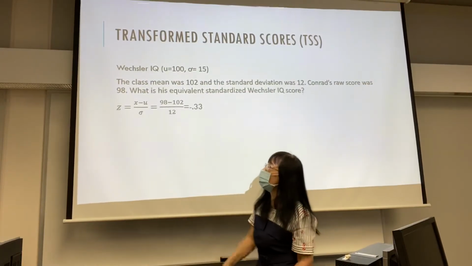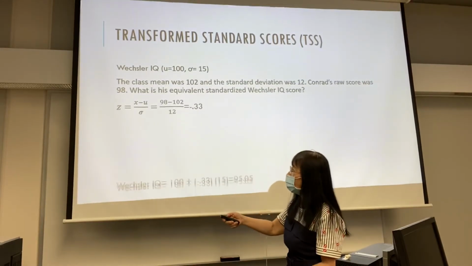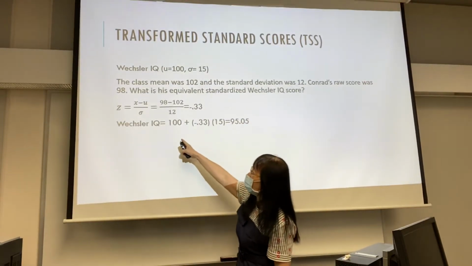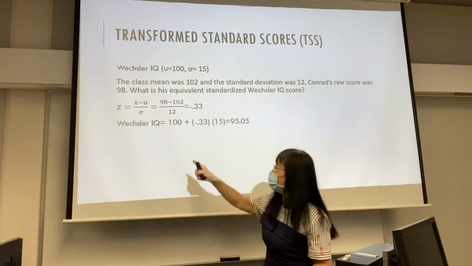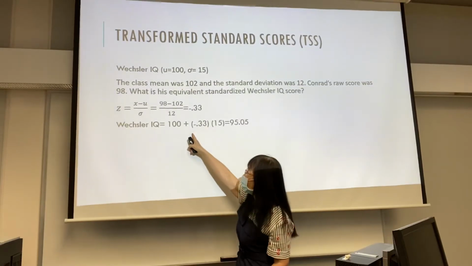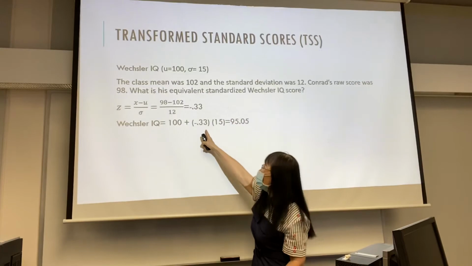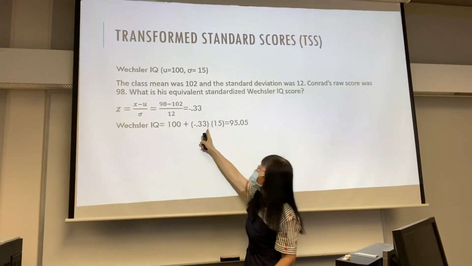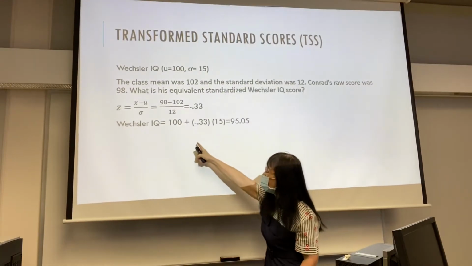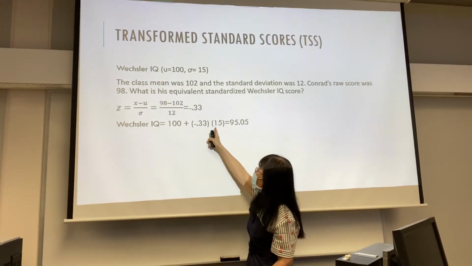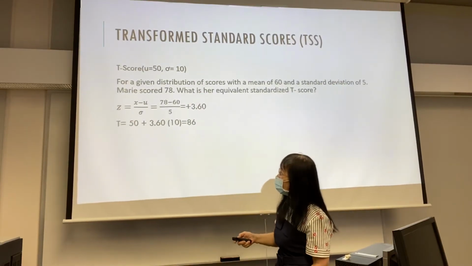Then you bring it back to the formula. Remember the 100 is already set up. You just need to remember that, plus the only thing you need to calculate is your Z-score, negative 0.33, times the standard deviation they already set up. So you are 100 plus negative 0.33 times 15, equal 95.05. Okay, got it?